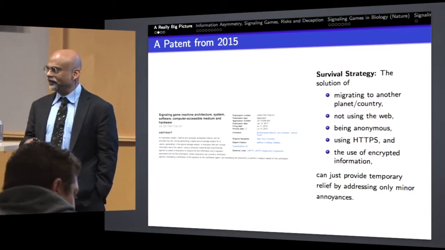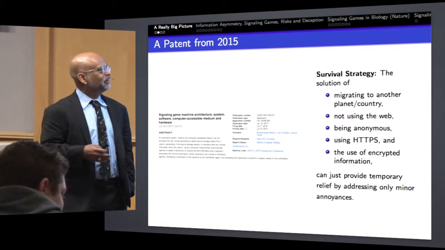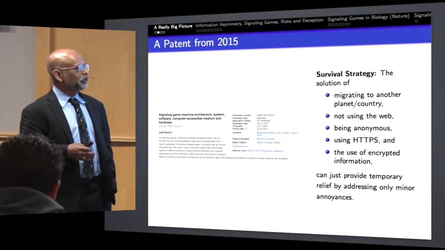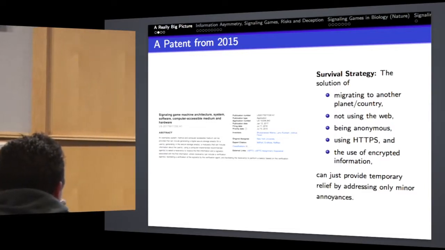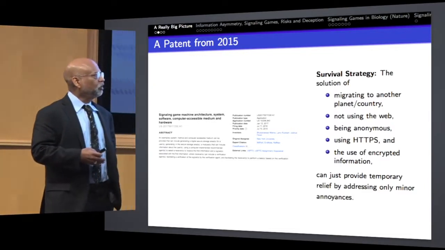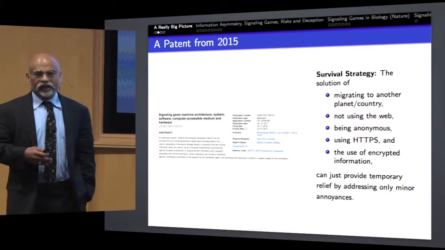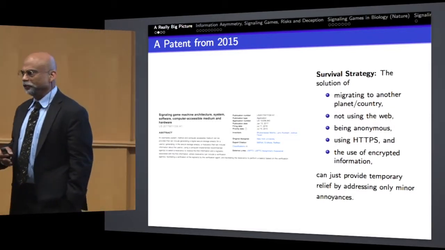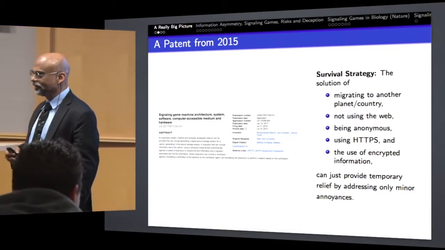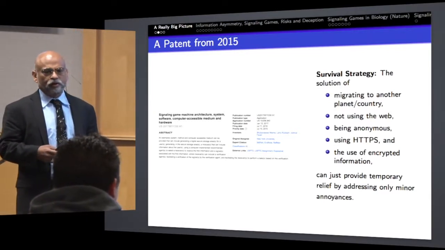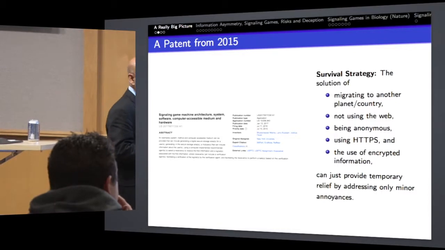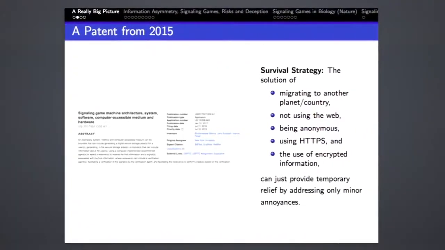I'm sure a lot of people are thinking about it now. It's not a very good idea. Not using the web, another idea. Being anonymous, using HTTPS, or using encrypted information in your messenger or texting and all that. Those are some of our choices, but they will only provide temporary relief and will address minor annoyances. We need a better solution.